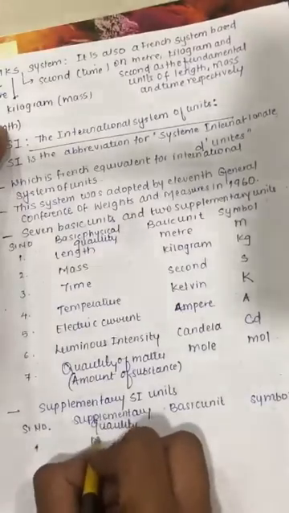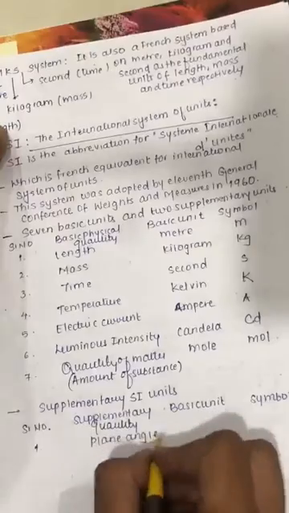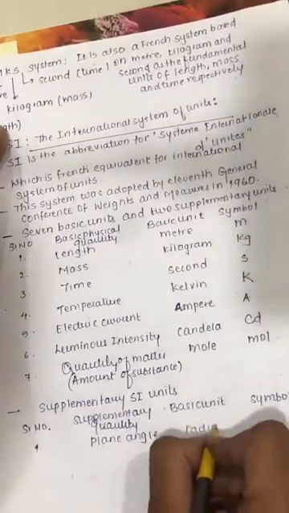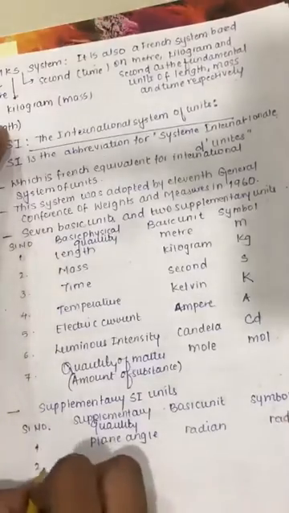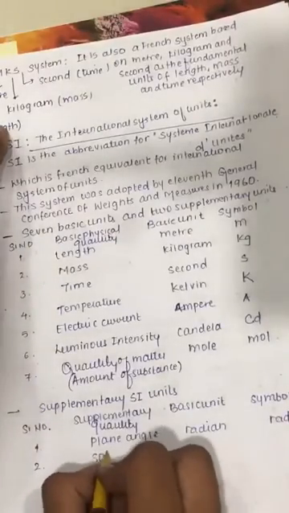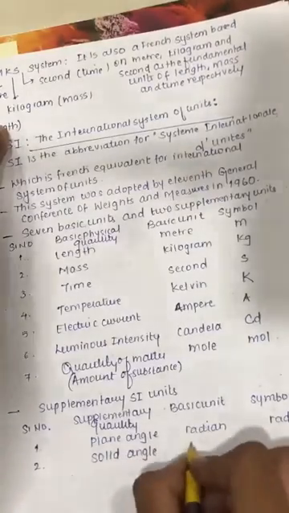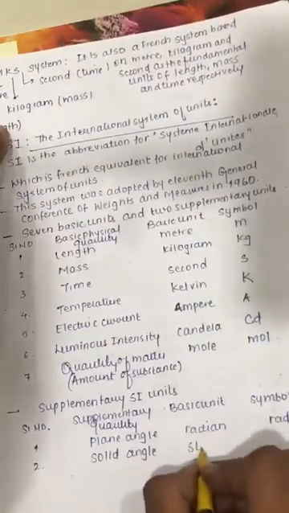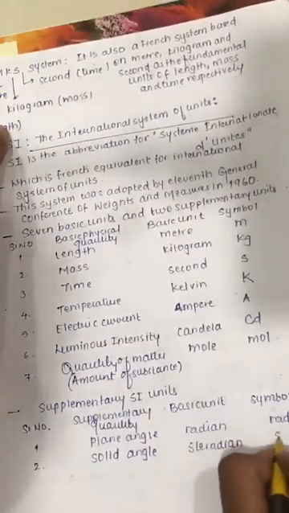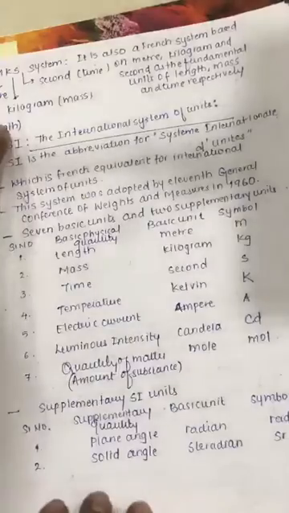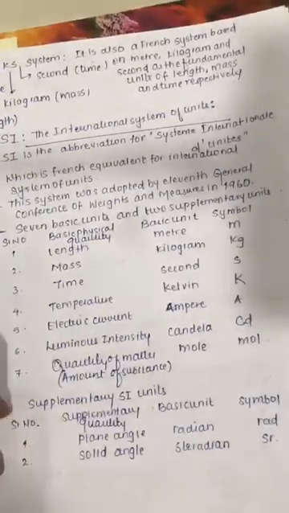Very first, that is plane angle. Basic unit is radian, symbol RAD. Second is solid angle. Basic unit is steradian, denoted by SR. I will cover these two definitions in detail in the next video.